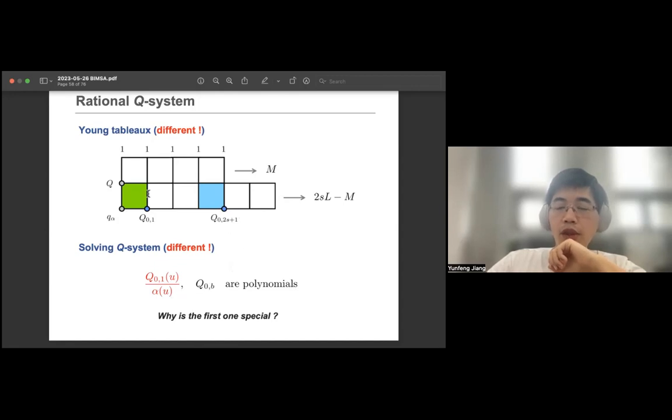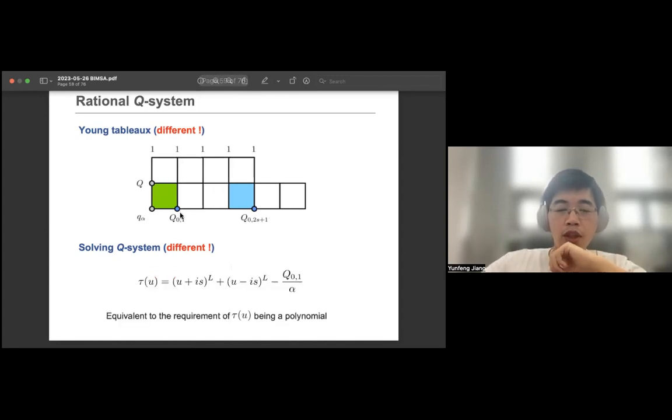So the QQ relations are the same as before. Why is the first one special? Actually, we can prove that in the spin S case, this Q01 is related to the T function in the TQ relation by this relation.